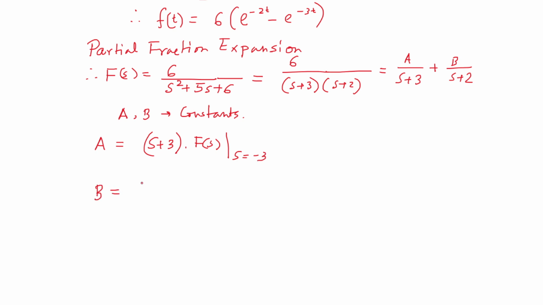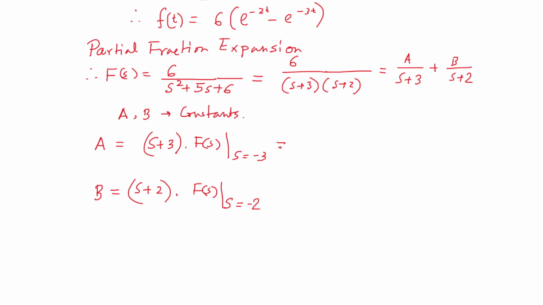B is equal to s plus 2 into Fs at s is equal to minus 2. Okay. So when you evaluate a, you should multiply by this s plus 3. That means what is there with a, it should be multiplied with the original function Fs, and you then substitute s is equal to minus 3.